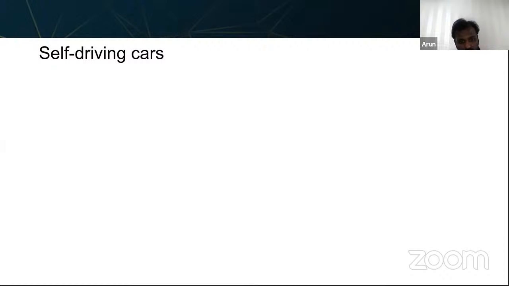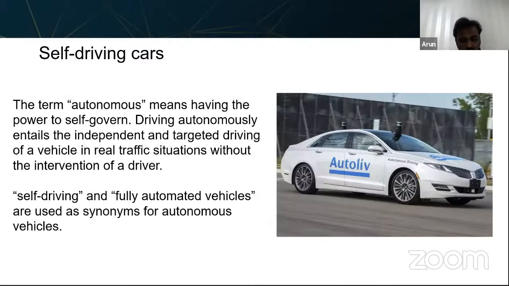So, moving on to self-driving cars. That's the research area I've been working on at AutoLive. I would like to give you a brief history of how automated vehicles have evolved. People call them by different names: autonomous, self-driving, fully automated.